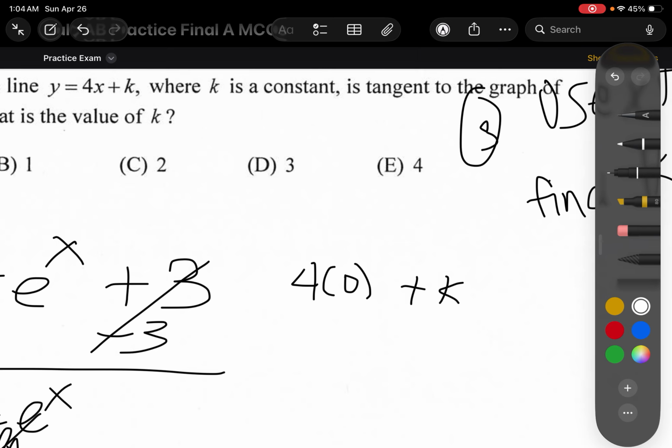Now everything is tied back together. I went a little bit ahead and set the y functions equal to each other so that we can plug in x to get k. Alright?